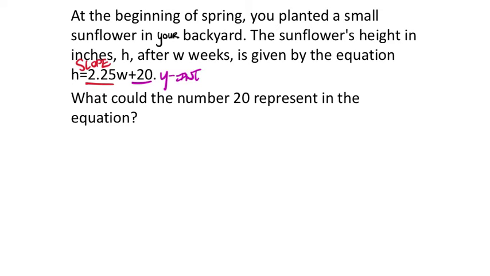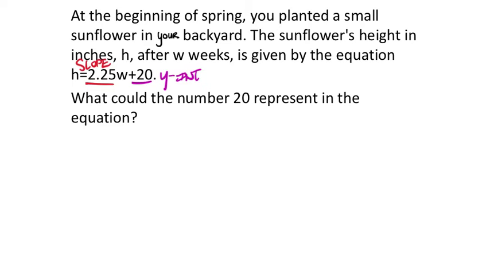But what could the number 20 represent in this equation? It is the y-intercept, but we need to be more specific about that. We're looking at the height of a sunflower after w weeks, so h is the height. Think about this: if w was 0, that would be our y-intercept.